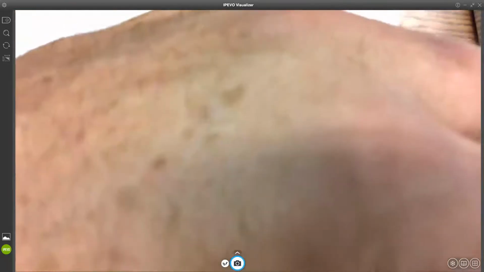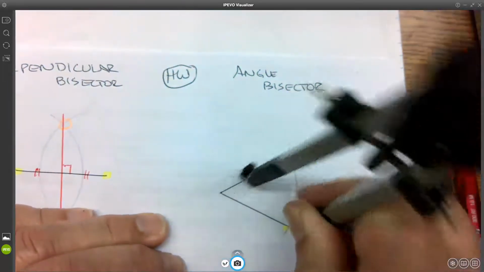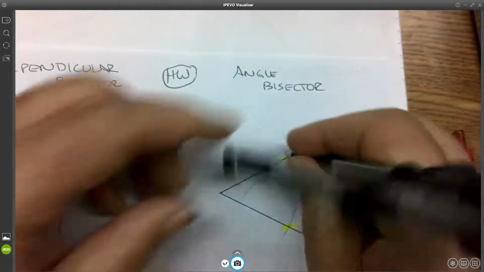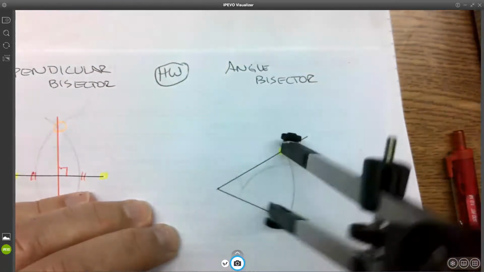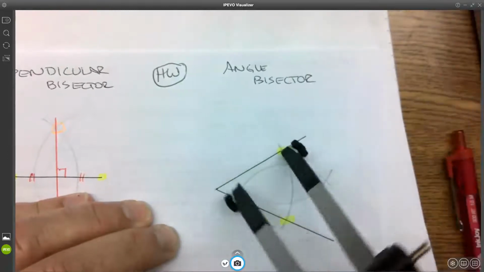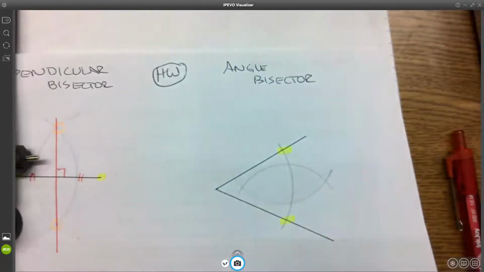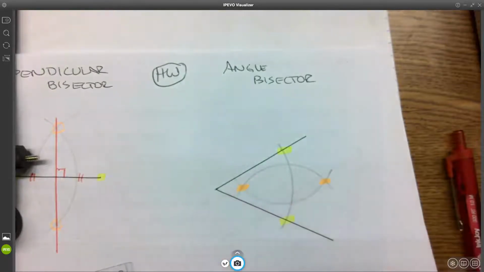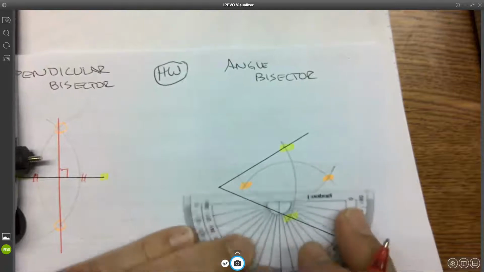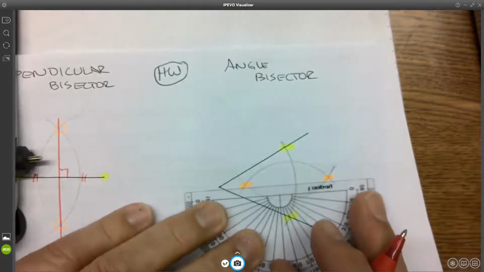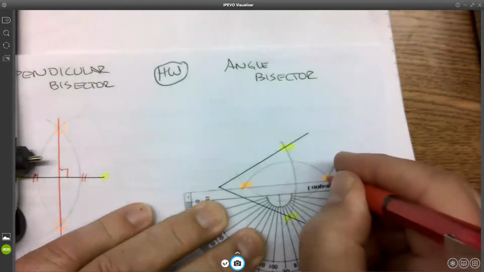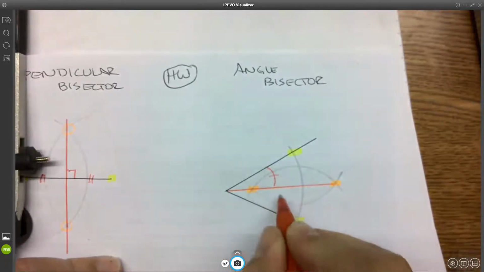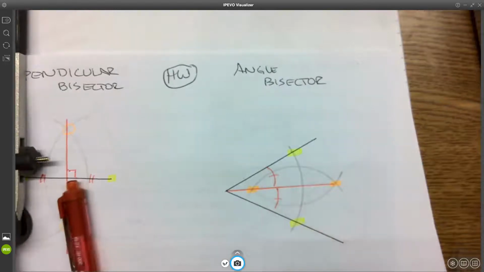So I'm going more than halfway, making an arc, and then do it from the other side, the same size. When I connect those orange dots, they should be collinear with my vertex. And that allows me to mark that these angles are the same.